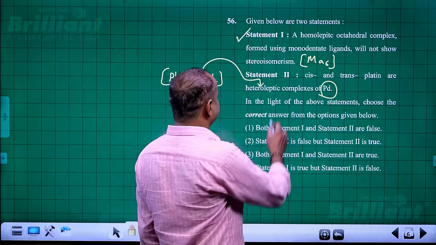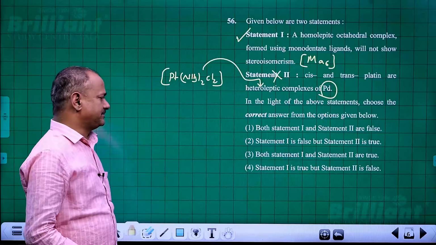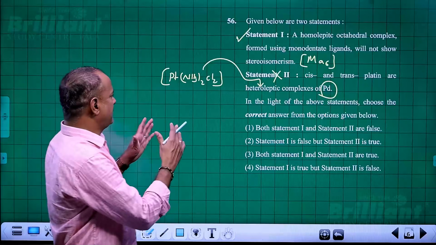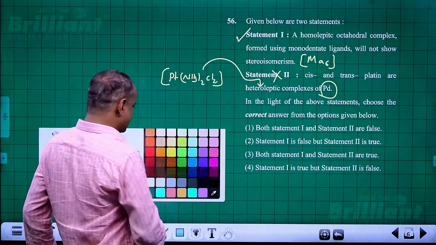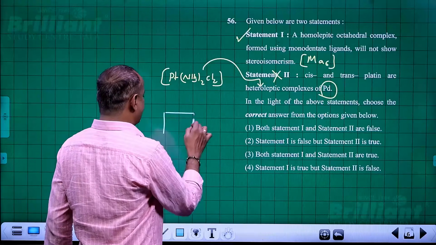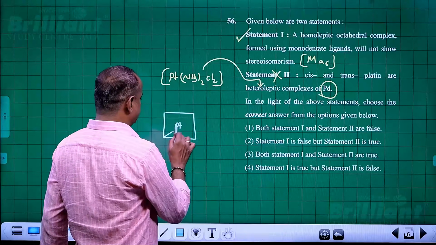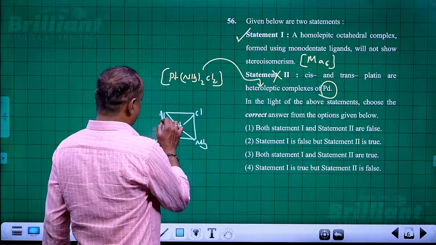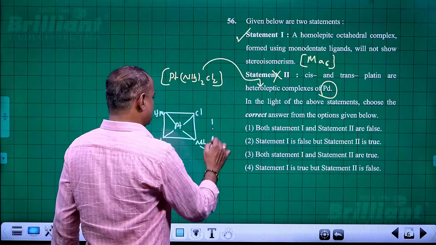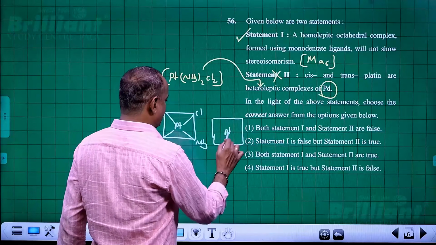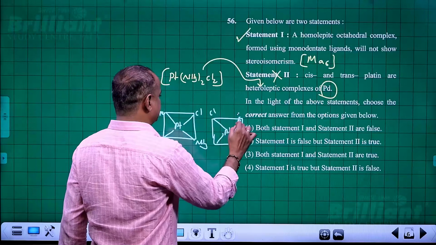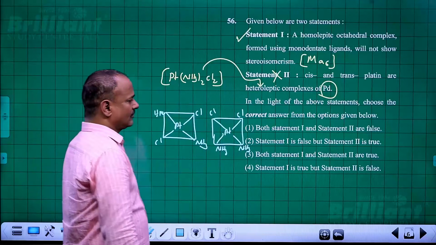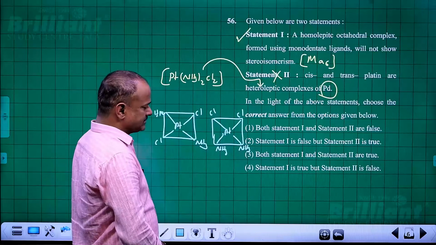So the second is false. Only the first one is correct. Cis and trans have the same formula but different arrangement, one adjacent and one opposite. This is called transplatin, and the second one is called cisplatin, same side. Okay, so option 1 correct, second false.